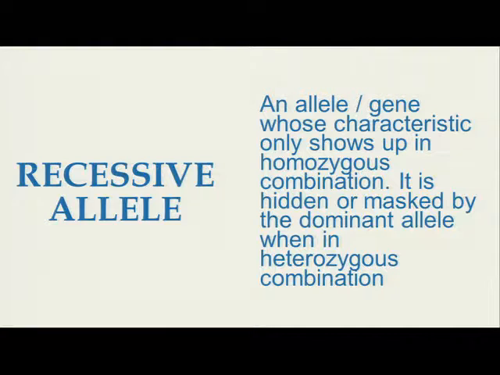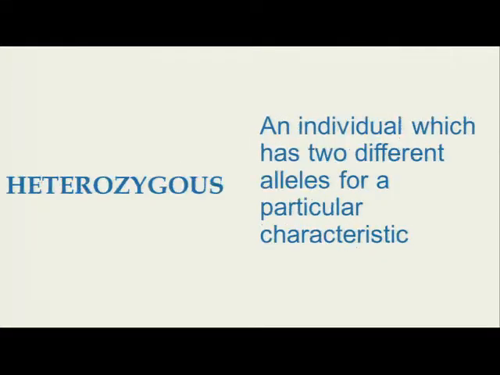The recessive characteristic, the recessive allele, the recessive gene becomes visible, phenotypically visible in a homozygous combination. But it becomes hidden or masked with the dominant allele in the heterozygous combination. You see, these things need explanation. So let's go to the concept of being heterozygous.